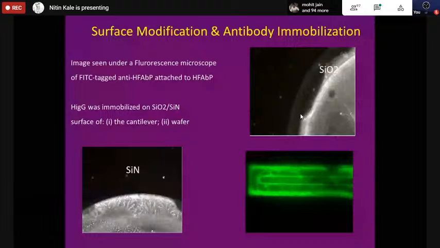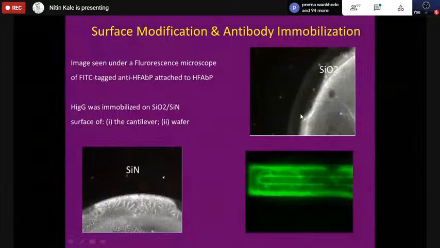For example, this is a silicon wafer surface, but it's a big substrate. This is also a big substrate. On that, you do all the things that I talked about, functionalization, and then eventually you have the primary antibody, then your fluorescence antibody, etc. You can see that fluorescence is observed under the microscope. So you can be confident that the process is correct. And then you can repeat that on the cantilevers. This is the example.